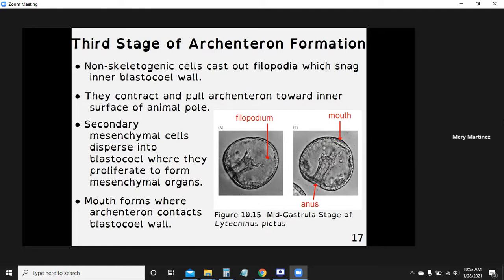So the point where the Archenteron contacts the blastocele wall is the mouth, and the mouth fuses with the Archenteron to create the continuous digestive tube, and thus is the characteristic of deuterostomes. The blastopore forms the anus. Okay, that's the trait of deuterostomes.